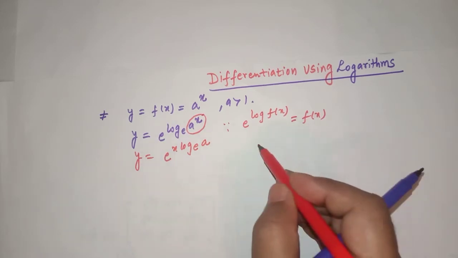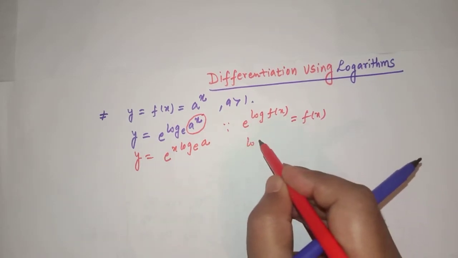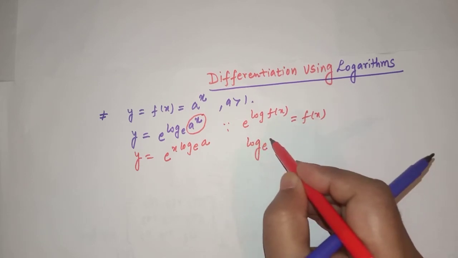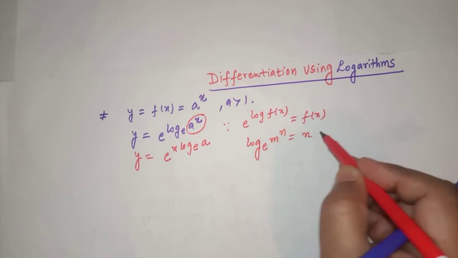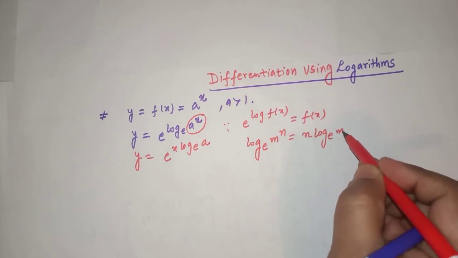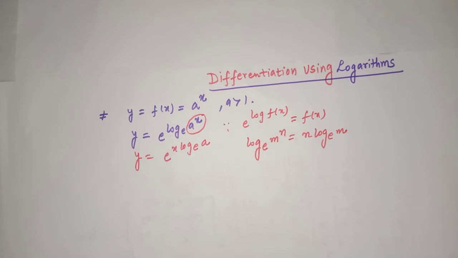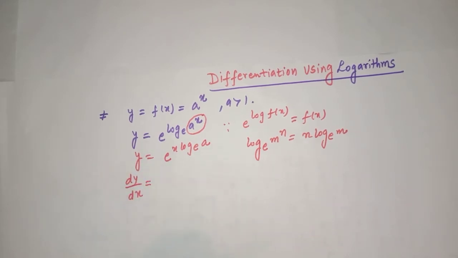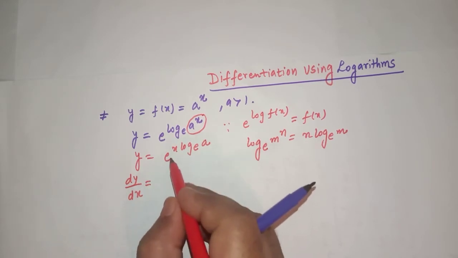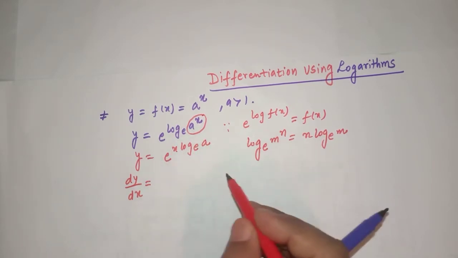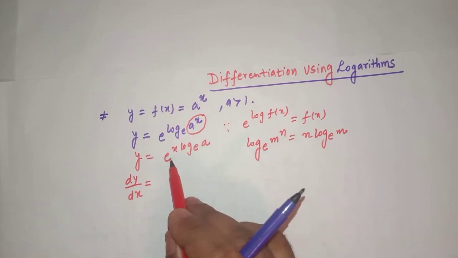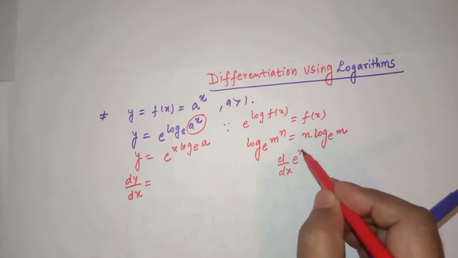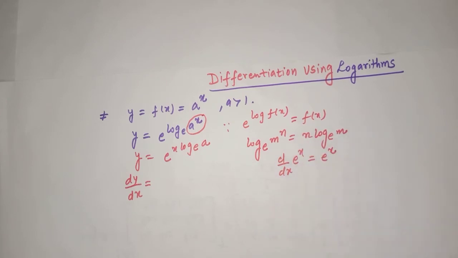Clear? Here we have used the property of logarithm: if it is log of m raised to n, then it is n log m. Now we differentiate it. So dy over dx: the derivative of the exponential function is the exponential function itself.